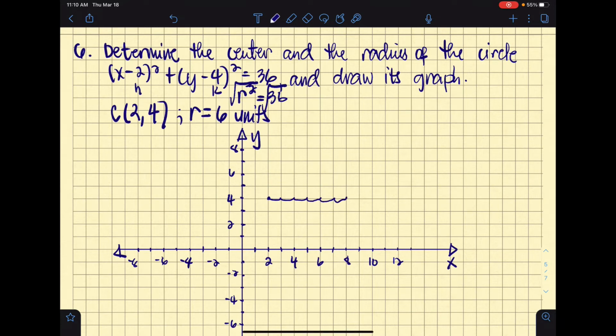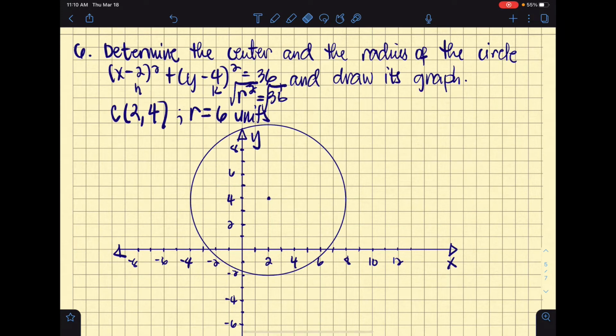Okay? And then, you are going now to use your compass to draw a perfect circle connecting these 2 points here, our center and 1 point on the circle. So, pwede din naman ganito na lang. Okay. So, that's it. Our circle.